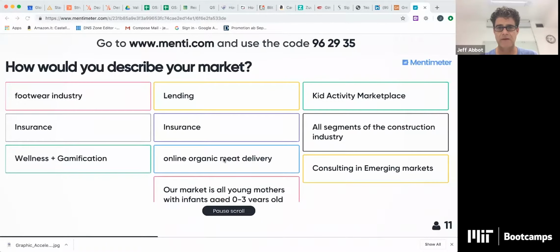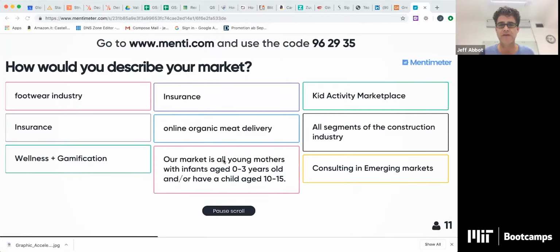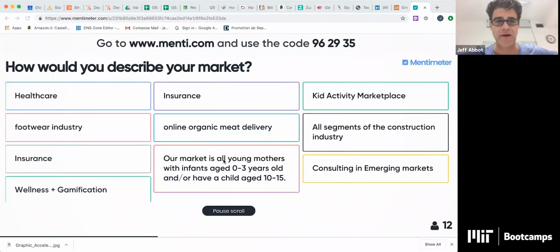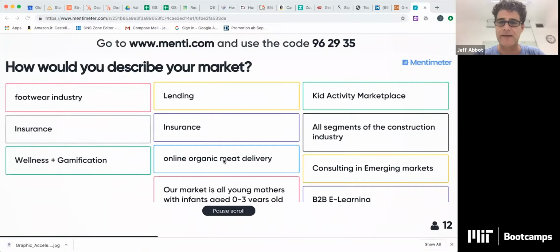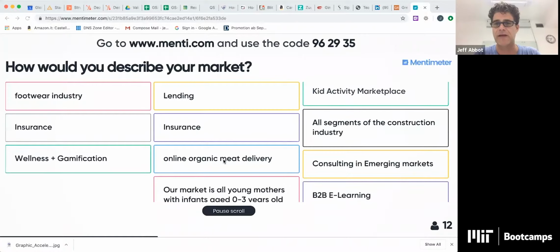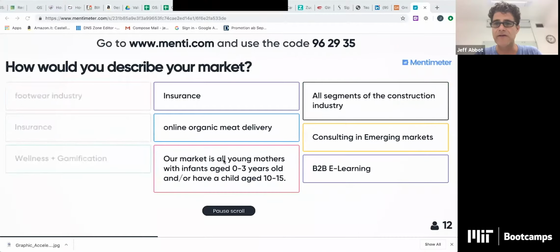Perfect. Okay, we're getting a very interesting variety of responses here, which among other things guarantees that the peer-to-peer learning at the bootcamp is going to be incredible because it's a very diverse group of people.